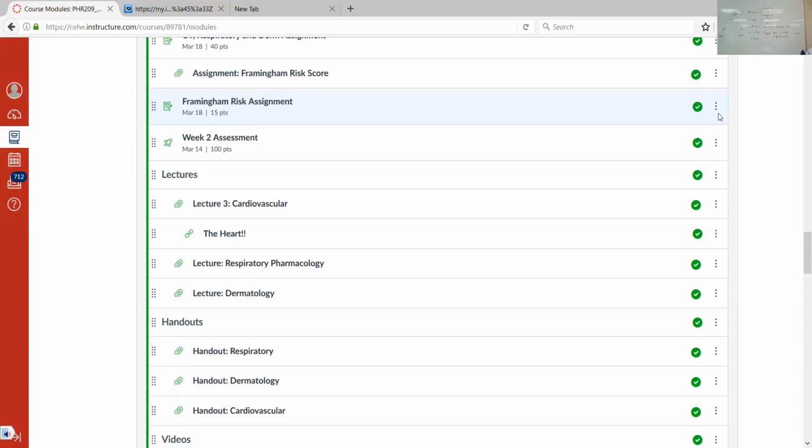So what we want you to do is go and get the information from the family member.